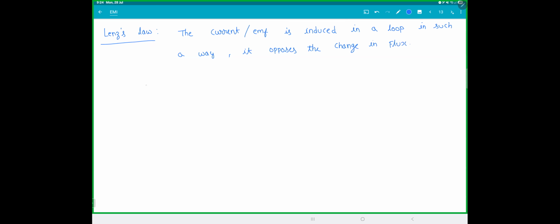So what it means, to put in simple words, if flux is increasing, system will try to decrease the flux. Again, system will try, whether it can decrease or not is a different story.